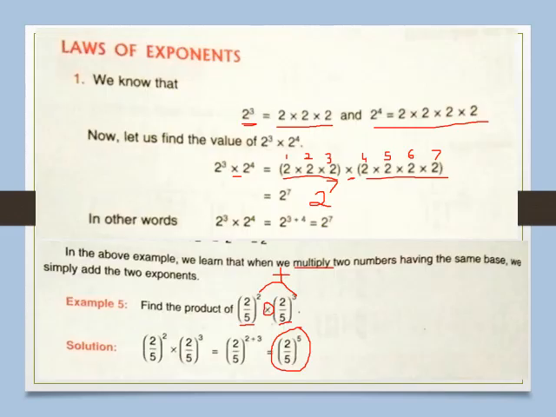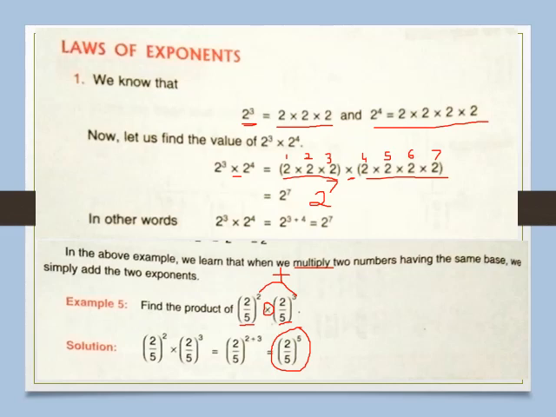In the laws of exponents, we see the first law. If 2 raised to 3 is there, then it is 2 into 2 into 2, and 2 raised to 4 means 2 into 2 into 2 into 2. Now if you find the value of 2 raised to 3 into 2 raised to 4, we write this number as 2 into 2 into 2 multiplied by 2 into 2 into 2 into 2, 4 times.